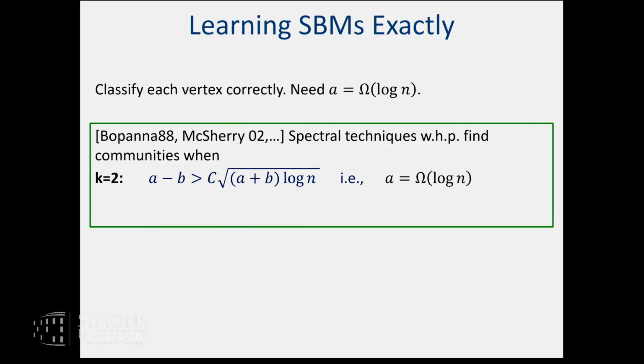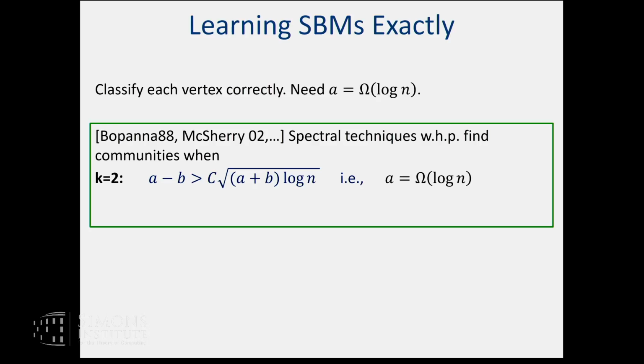Okay, so a lot of the work on stochastic block models is about recovering each of the communities exactly. Starting from the work of Boppana in '87 and Frank McSherry and so on, we know that spectral algorithms, where we just find the top k eigenvectors, project onto them, and then cluster based on the top k eigenvectors, can actually find the two communities as long as there's enough separation between the degrees.